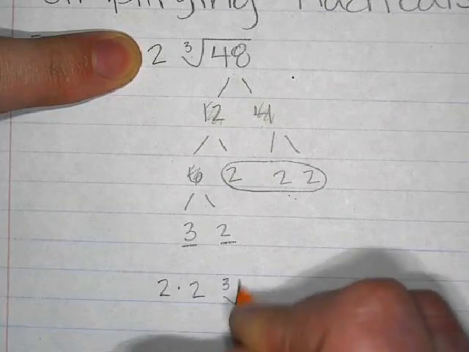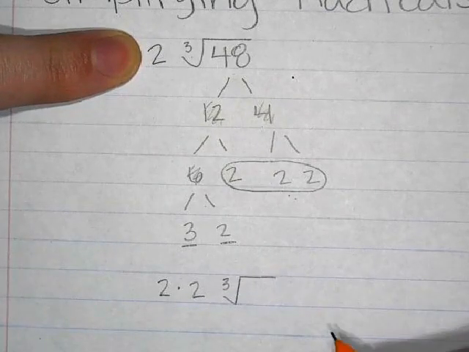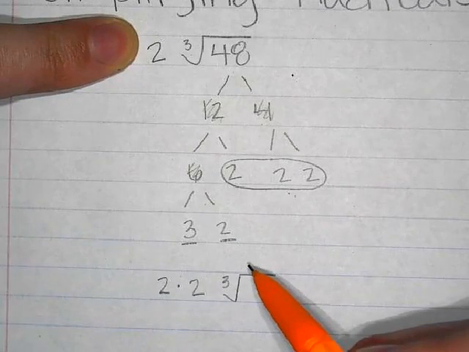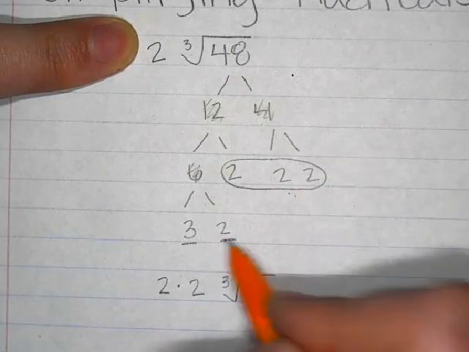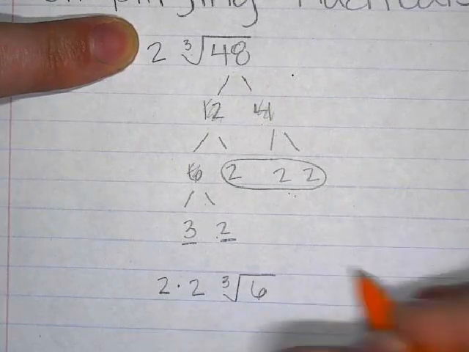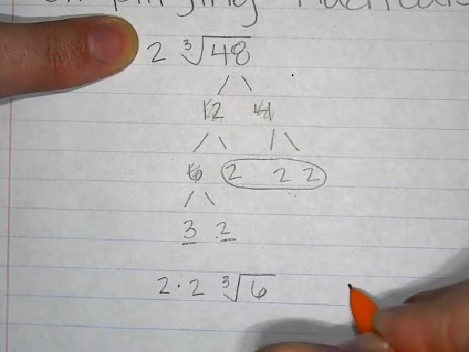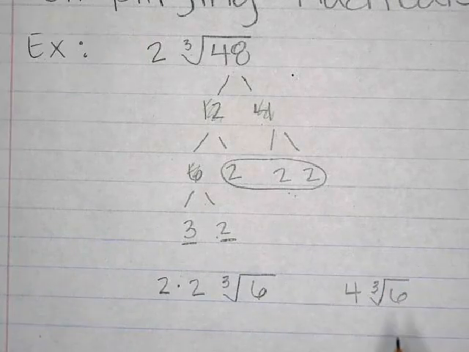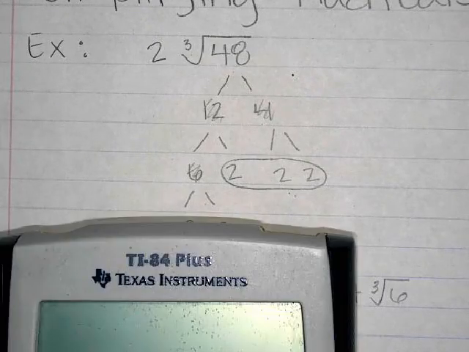And then I've got a third root, and what is left underneath? Six. Yeah, 2 times 3 is 6. So my final answer is 2 times 2 is 4, 4 cube root 6. We changed how the problem looked, but we didn't change numerically what it represents.